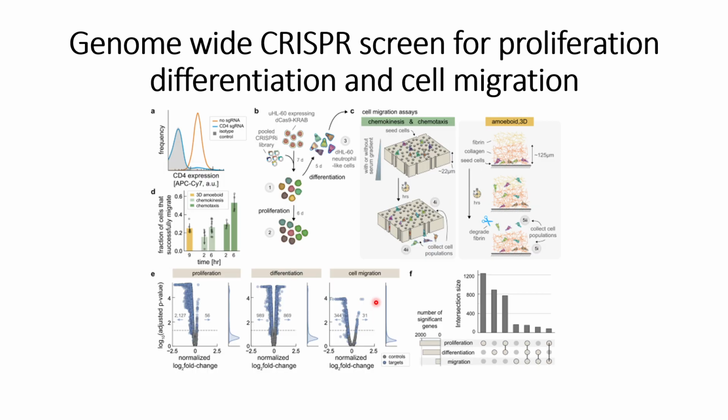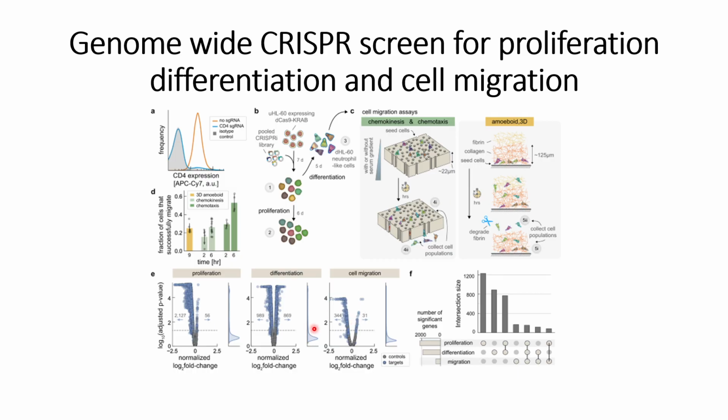In this video, we just covered the first figure, which shows how they did their studies. For cell proliferation, differentiation, and migration, they use wild type cells, that is HL60 expressing dCas9-KRAB cells, or HL60 wild type cells as a control.